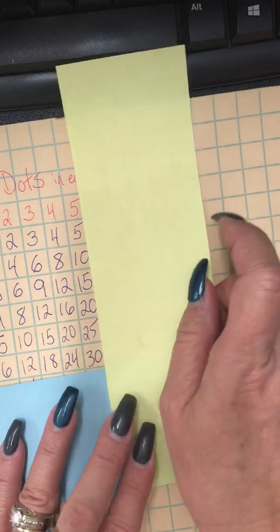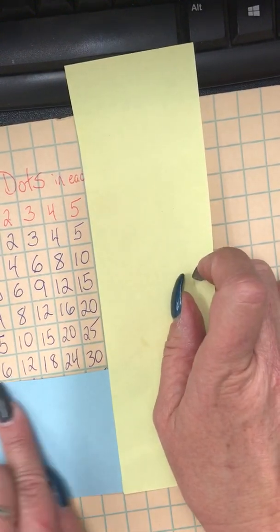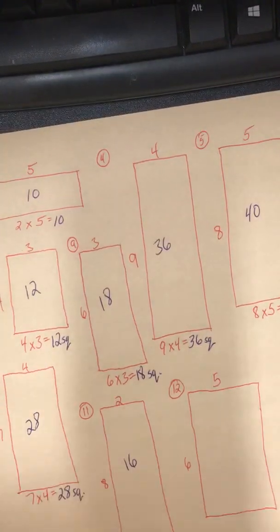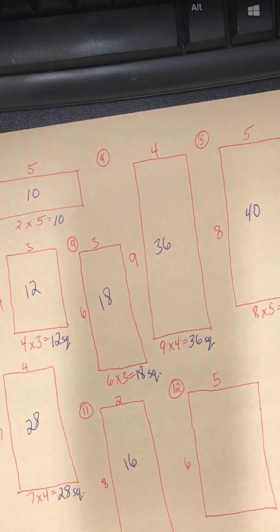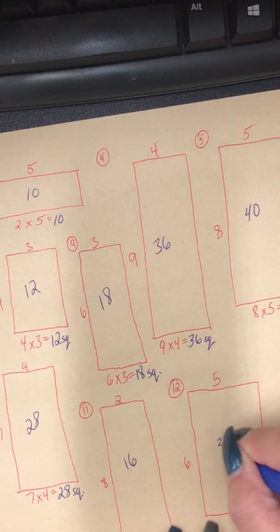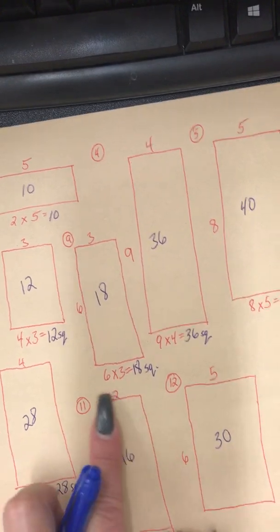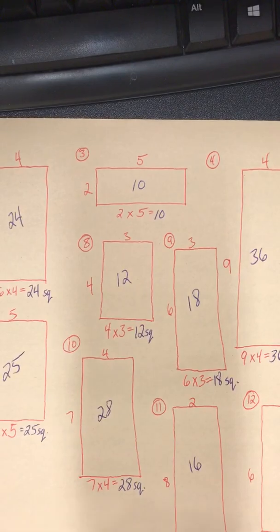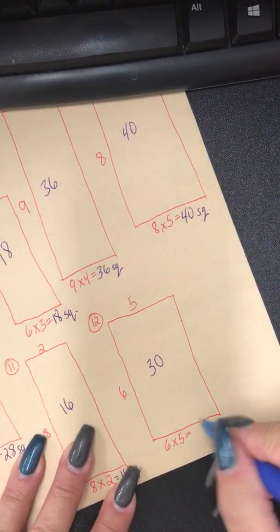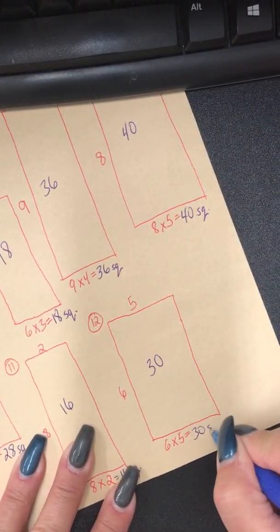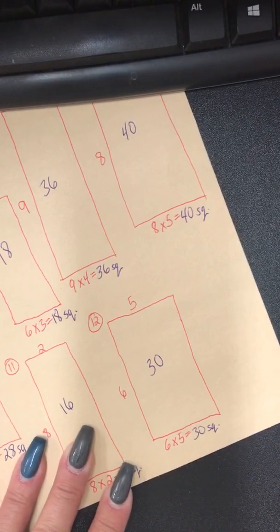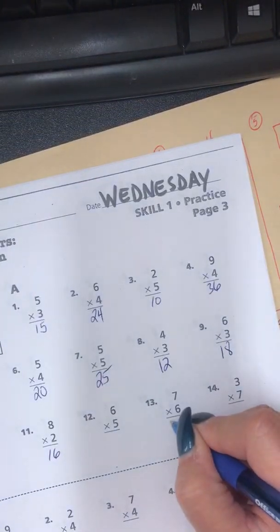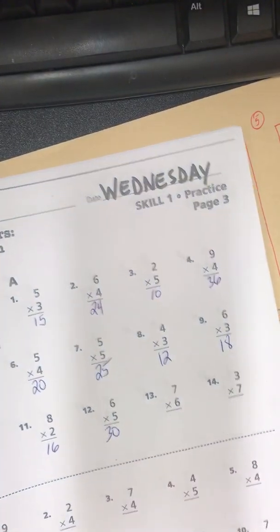So I can see 6 rows of 5 is 30 squares. 30 squares. Oh, I forgot to write my sentence. 6 times 5 equals 30 squares. Okay. Oops, this one, number 12, 30.